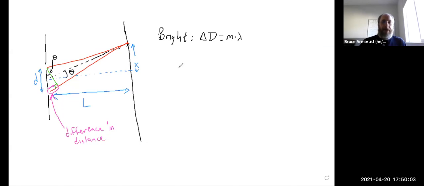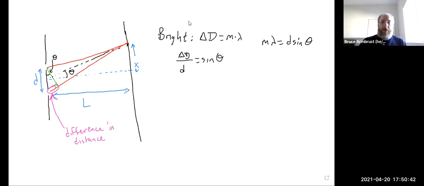So that difference in the distance, delta D, if you divide that by the slit separation d, that's going to equal the sine of theta. So we can equate these two things, and we get m lambda equals d sine theta. So the angle has to be such that we get this relationship.